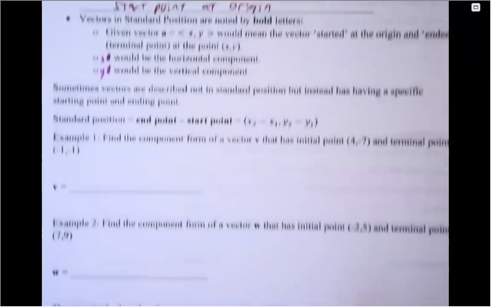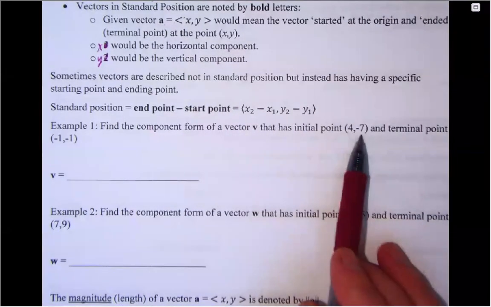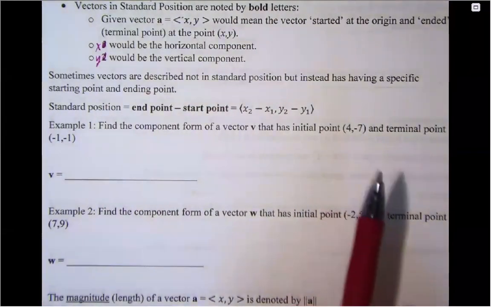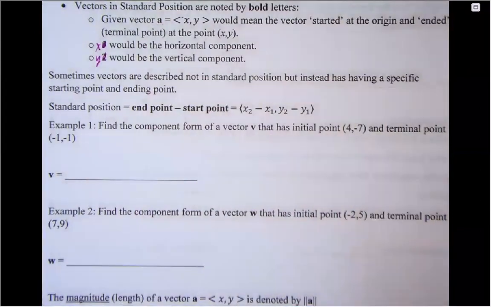Sometimes you're given a vector that has a starting point somewhere else and an ending point somewhere else. If it's not in standard position, before we start working with the vector, adding vectors together, subtracting them, doing all kinds of operations, we have to have it in standard position.